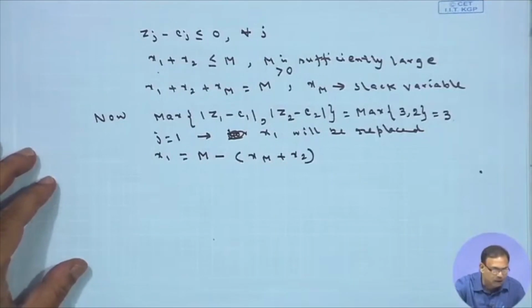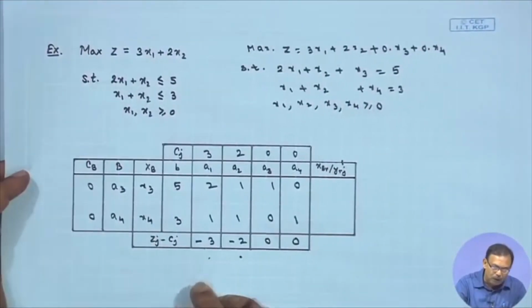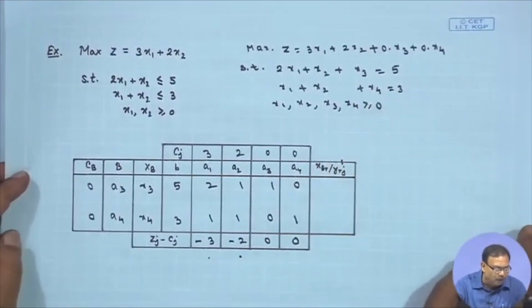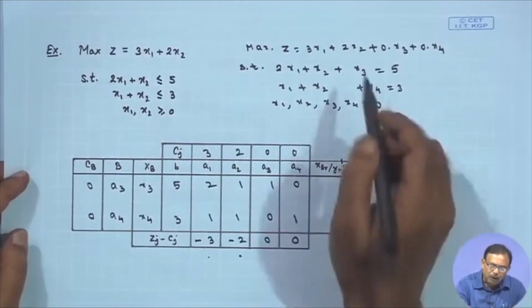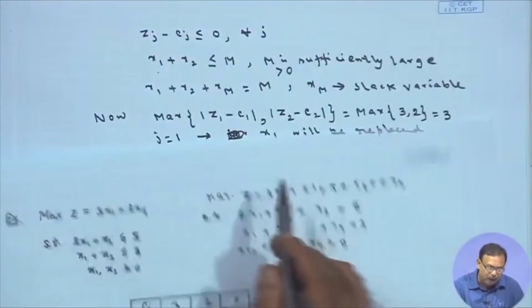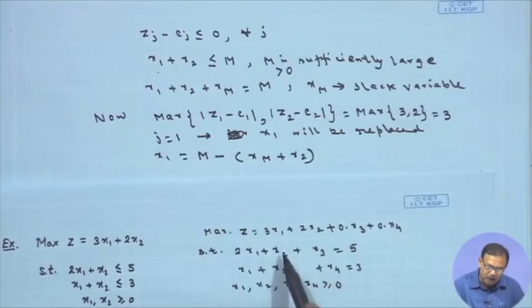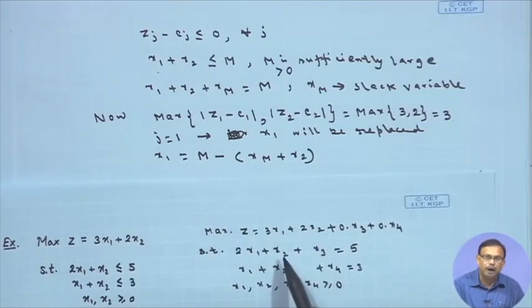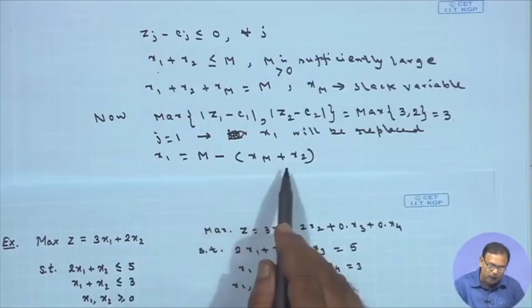So, please note that this was your original problem. Now, in this original problem, your x 1 will be replaced by this value. Similarly, in the constraints also x 1 will be replaced. So, 3 into x 1 into this.